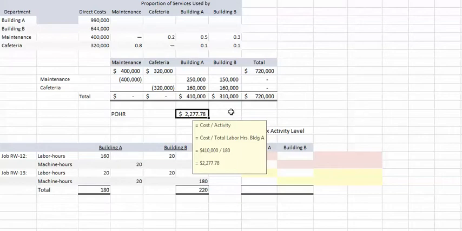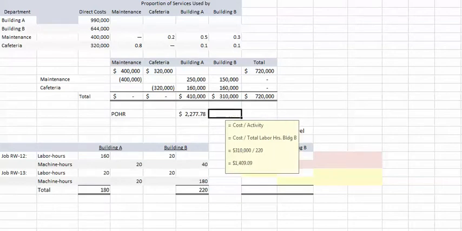For Building B, we take the $310,000 and divide it by the 220 machine hours, and we get a rate of $1,409.